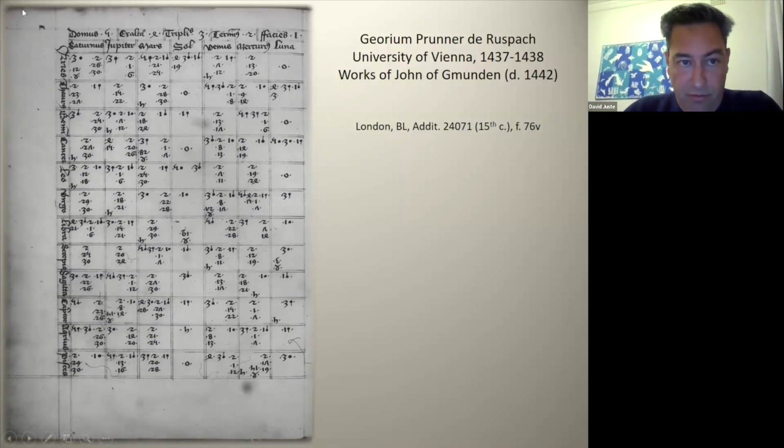When you look at the term represented by 2, as reminded in the title, Domus 5, Exaltatio 4, and so on, Terminus 2, you have for Saturn the first and the last degree of its term in Aries, from 26 to 30.